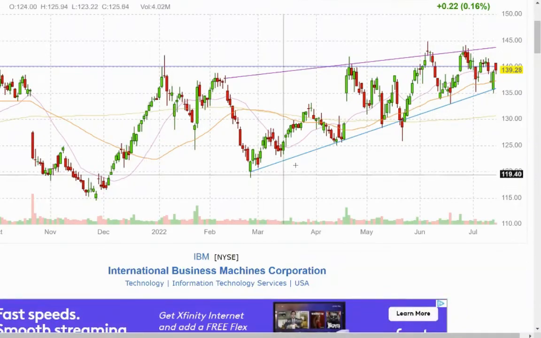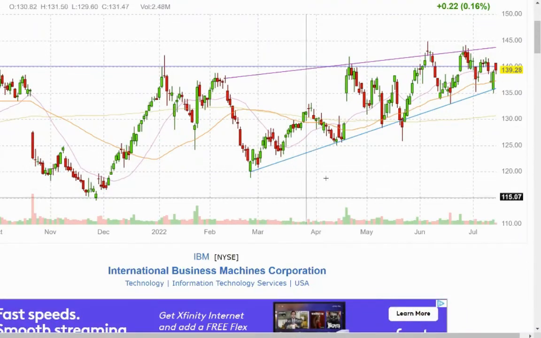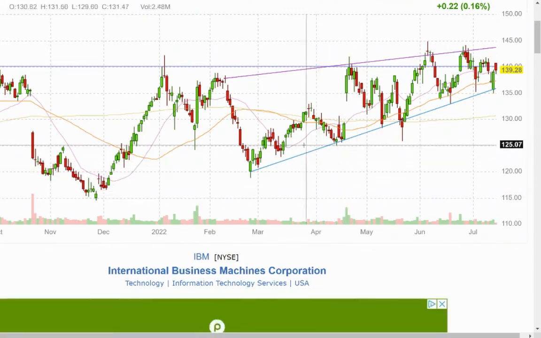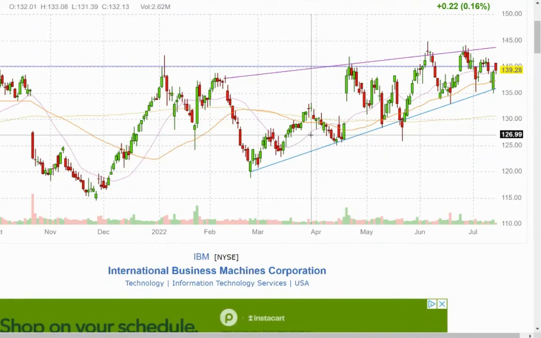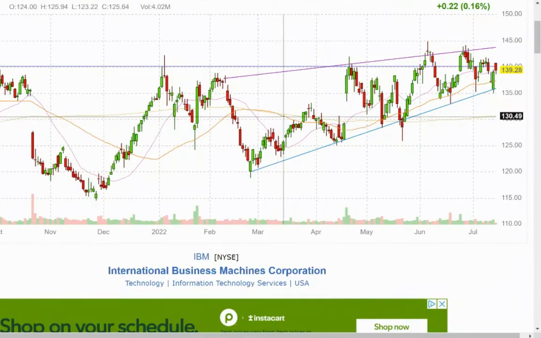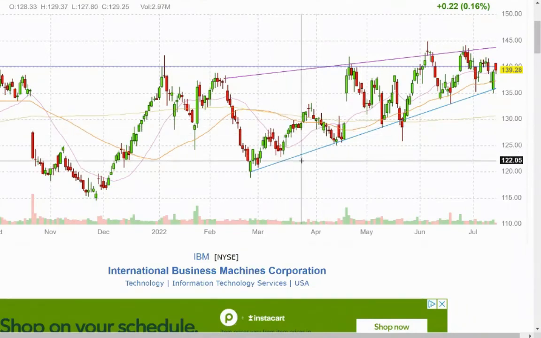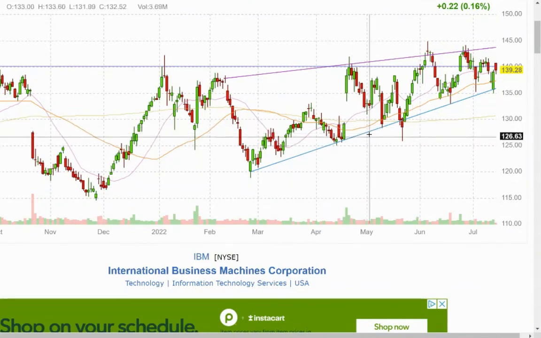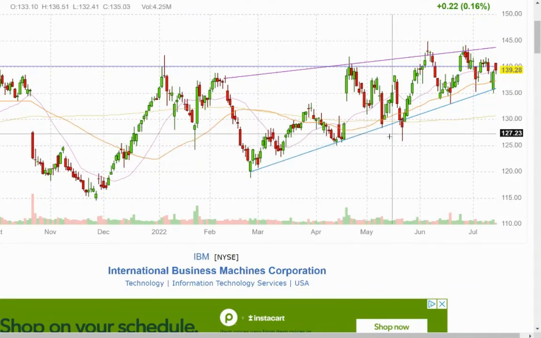One bullish indicator can be when a short-term moving average crosses over a long-term moving average, which we see right here with the 20-day. The 20-day crosses the 50-day, and the 50-day also crossed the 200-day here. And you can see that after that happens, we had a nice uptrend in this particular stock.